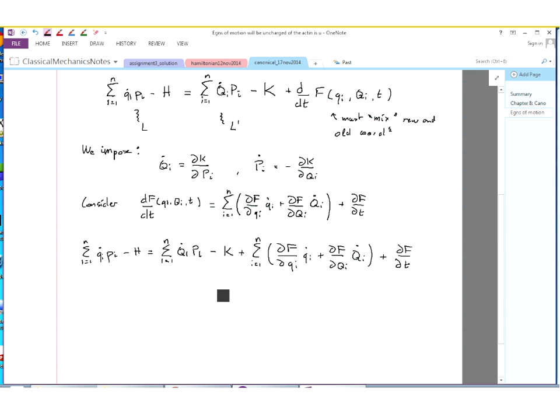Let me rearrange this, and I'm going to factor the terms that have little qi dots and capital Qi dots. So I'm going to move the ∂f/∂qi terms with the little qi dots to the left-hand side of the equation.